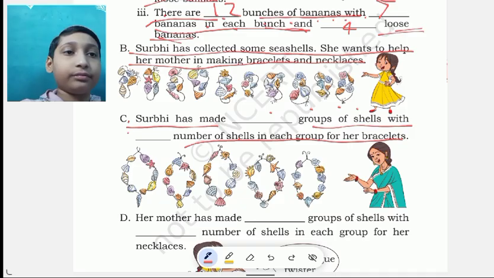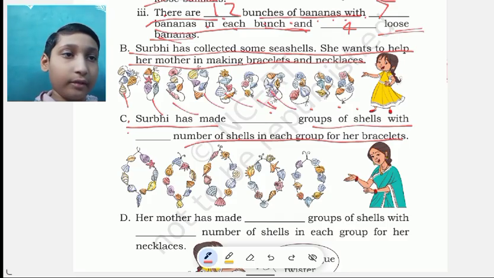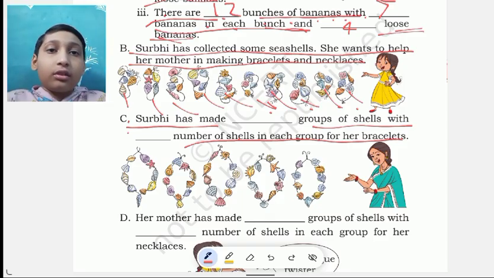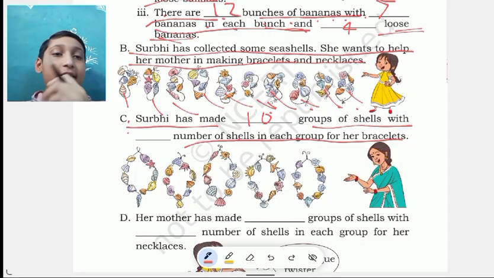So then she has made 1, 2, 3, 4, 5, 6, 7, 8, 9, 10 groups of seashells. So we have to write 10, and then we have to find how many seashells there are in each bracelet.